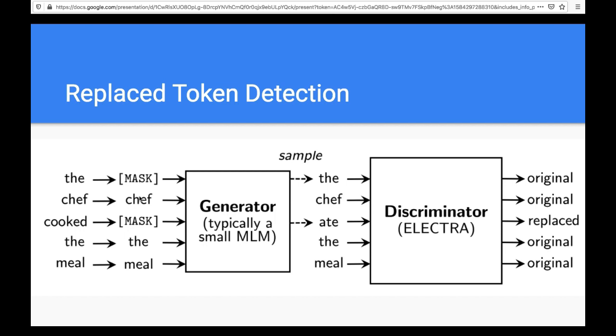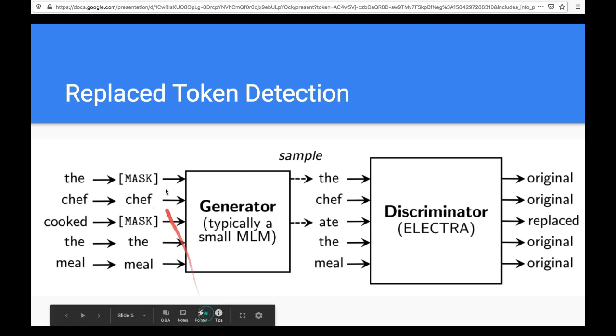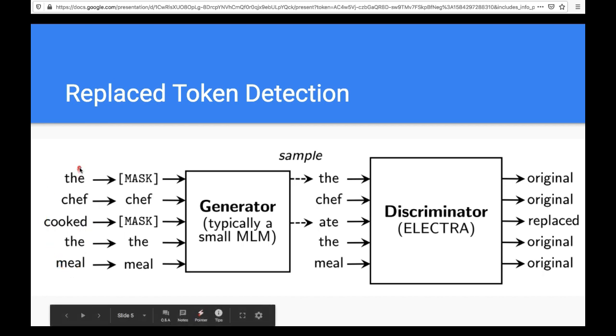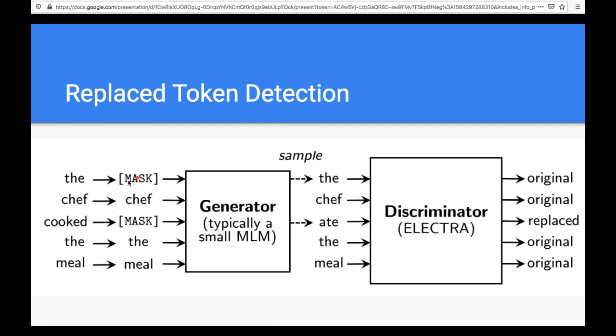Basically, they have two different models. One is a generator and another is a discriminator. The generator does basically the same thing as BERT. The input example is "the chef cooked the meal", and the training process randomly masks two tokens in this example, roughly 15% in general.